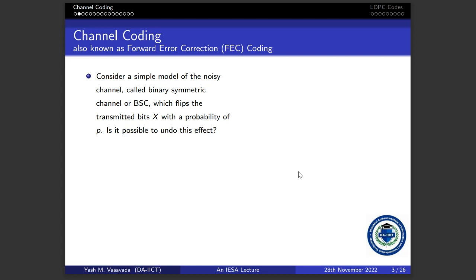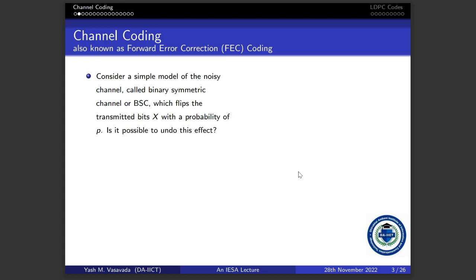It is called the binary symmetric channel. And all that it does is it flips randomly the bits that are transmitted. So some zeros get turned into 1, some ones get turned into 0, and the receiver doesn't know which bits are getting flipped by the channel.